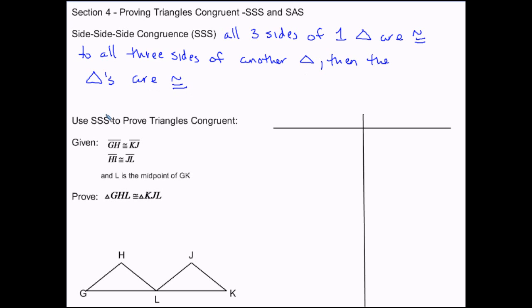If we can show that the 3 sides are congruent between 2 triangles, then we know that the triangles themselves are congruent, because the fact that the sides are all the same length is going to actually force the angles to be the same. And they have to be corresponding sides. So I should put that in there. Corresponding.